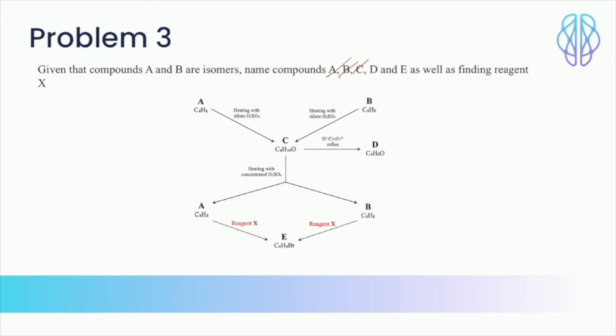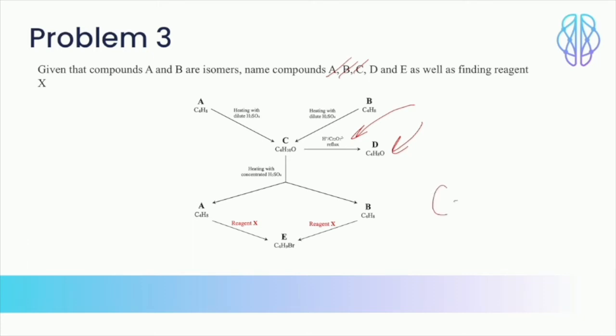Now, although this empirical formula here doesn't really tell us too much about what type of compound D is, this reaction mechanism actually tells us a lot. You may recall from the mind maps that this is an oxidation reaction that's occurring.